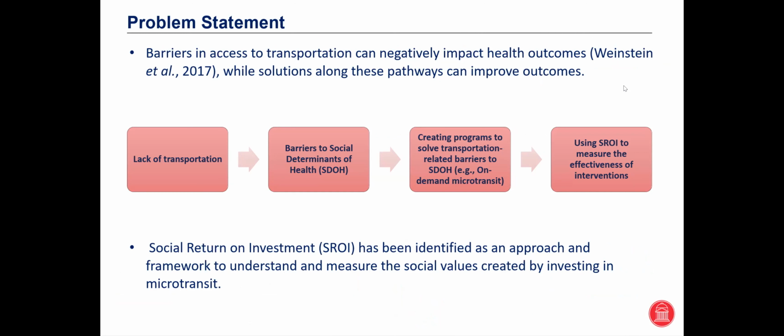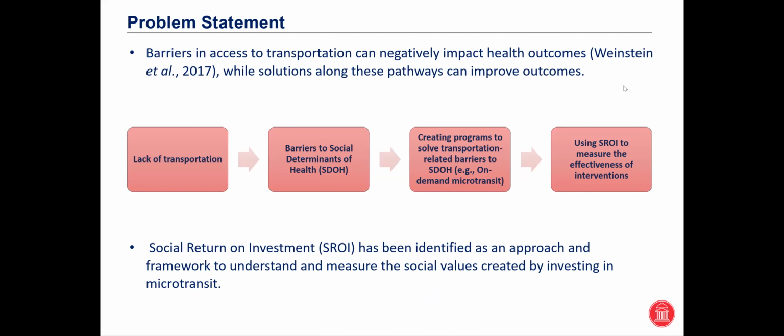Many of the barriers to these determinants of health are caused by transportation, and thus creating programs to solve these barriers is an approach to improve the health of people. Examples of transportation interventions that can solve these barriers are on-demand microtransit programs that have been piloted nationally over the last decade in the US.